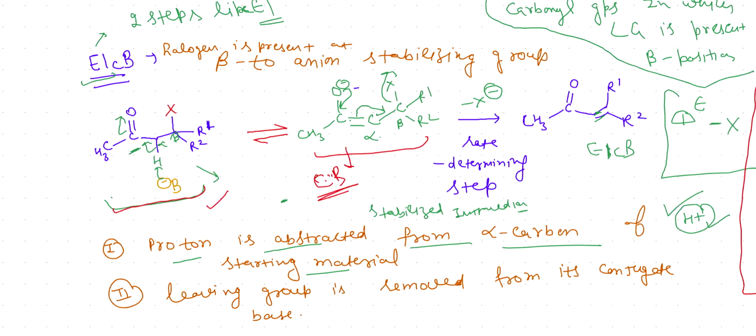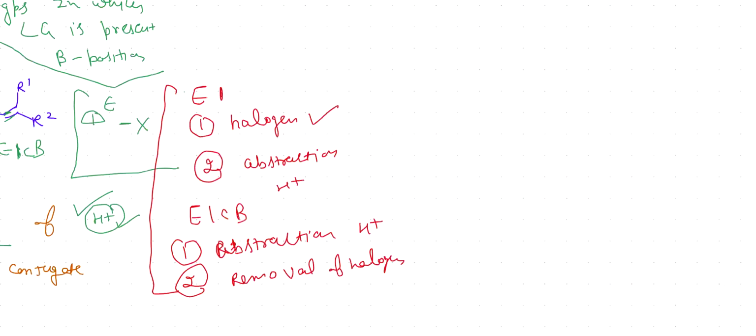That's why this is named E1cB. The proton is abstracted from the alpha carbon of the starting material and the leaving group is removed from its conjugate base. When the leaving group is removed from its conjugate base, such mechanisms are known as E1cB. Clear? So this is all the difference between E1, E2 and E1cB.